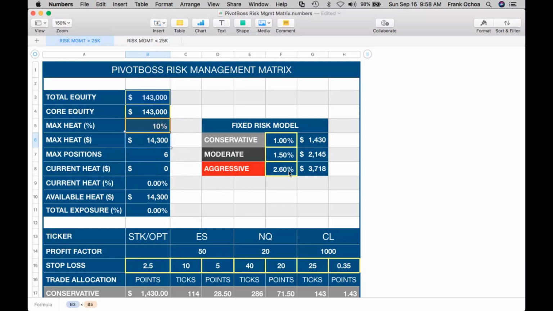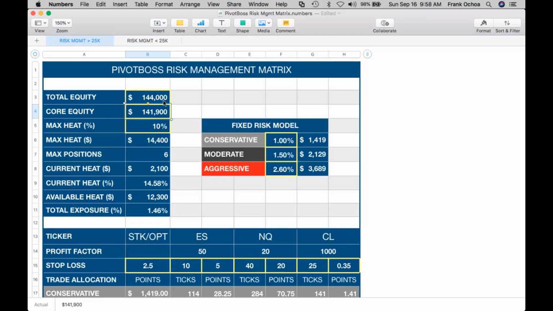As soon as you put a new trade on, say we're going to put one on for 2,100 bucks, you would subtract 2,100 here. That would be what, 141,900 here?